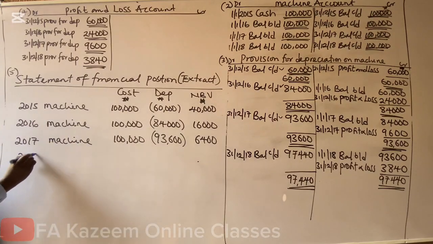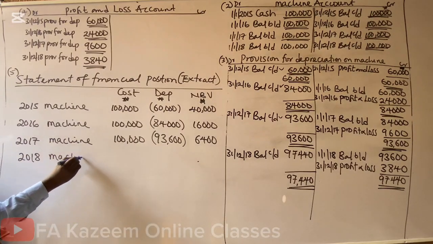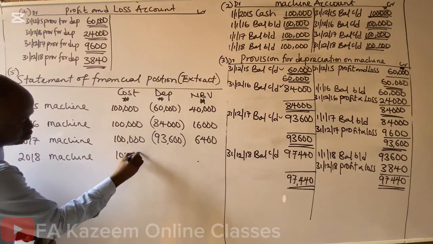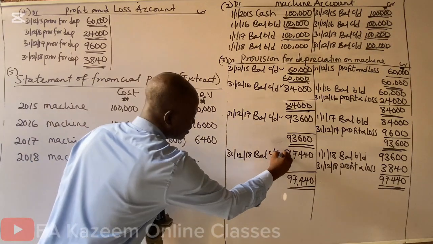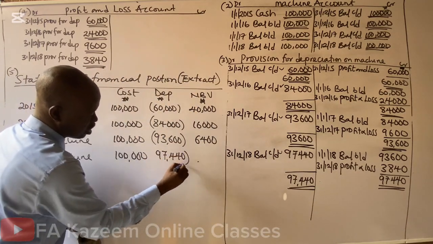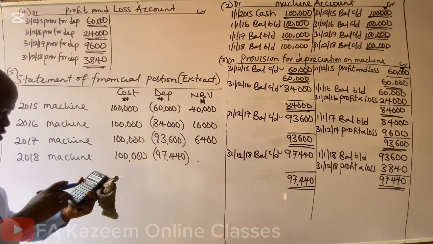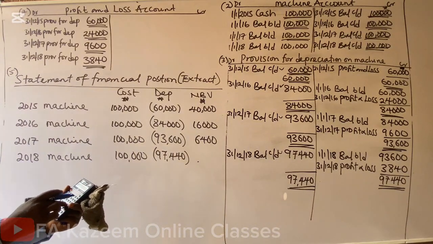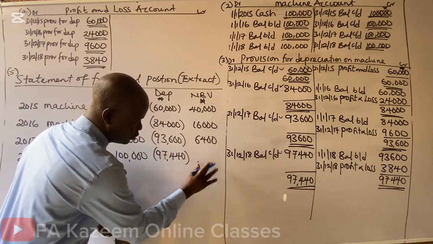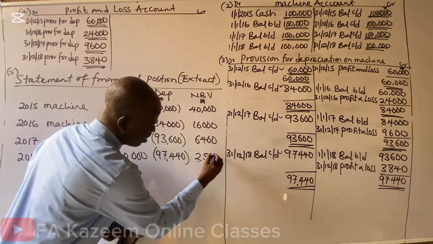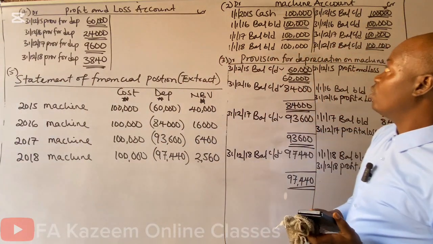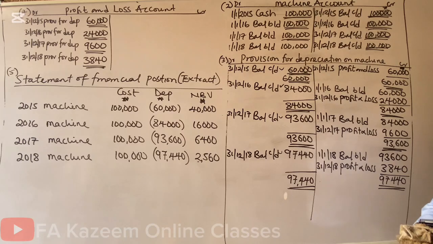In the fourth year, 2018, the machine cost 100,000 and the accumulated depreciation to date is 97,440. If we minus 100,000 minus 97,440, we're going to be having the scrap value, which is 2,560. We have come to the end of this question.